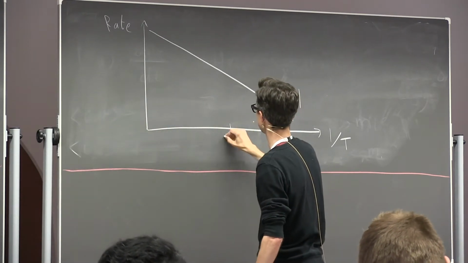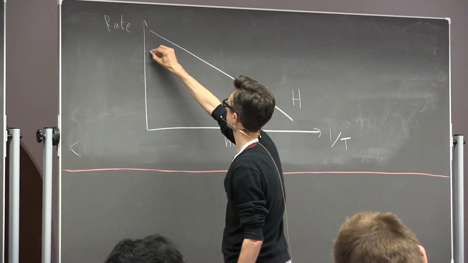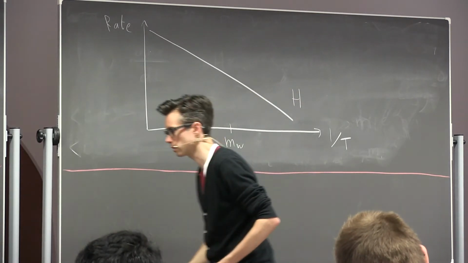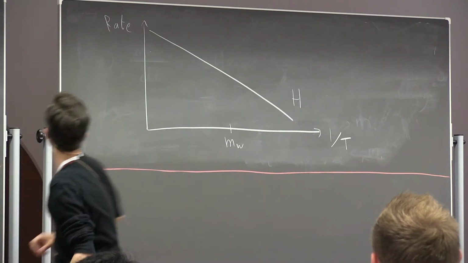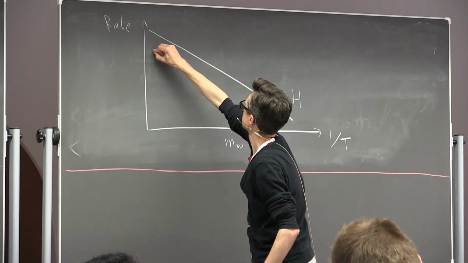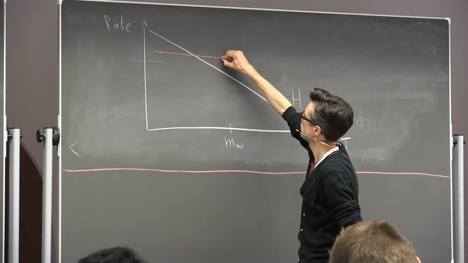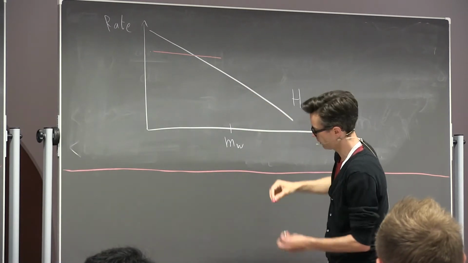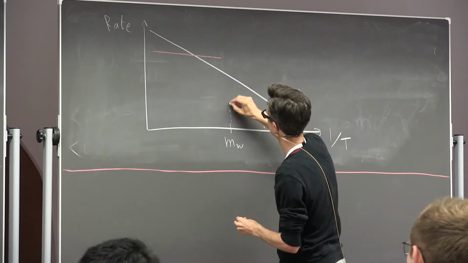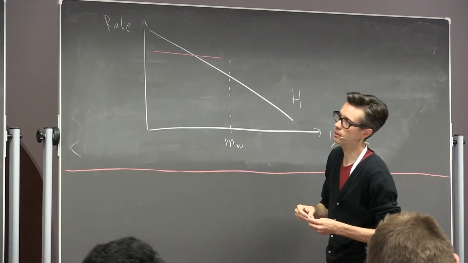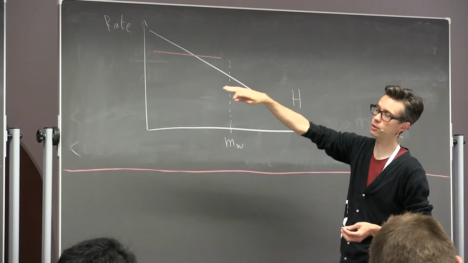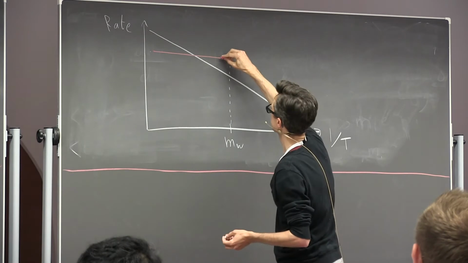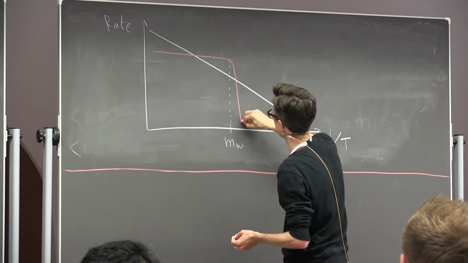So I'm going to make this my weak scale. So my Sphaleron rate, let me get some nice colorful chalk. My Sphaleron rate is going to fall off more flatly than the Hubble rate until I hit the weak scale, at which point I transition from this T behavior to the exponentially suppressed behavior. So this thing is going to turn over and then fall off the map very quickly.